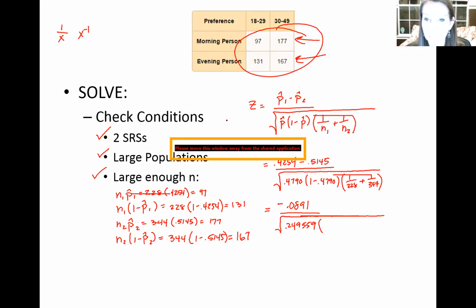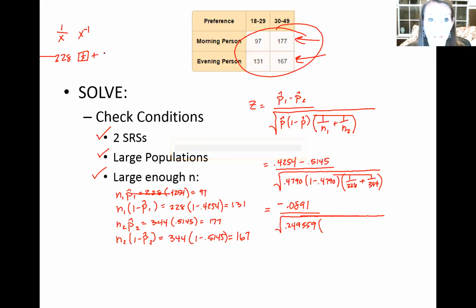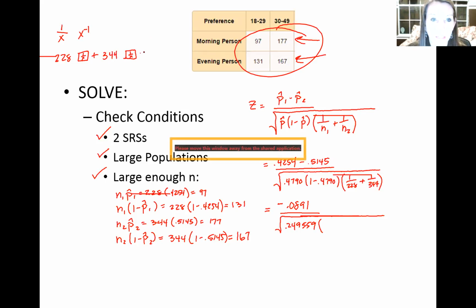So for this particular one here, what you're gonna do is you're gonna do 228, and then you're gonna press that 1 over x button, and then you're gonna hit plus, and then you're gonna type in 344, and then hit the 1 over x button, and then you're gonna hit equals. So try that out.